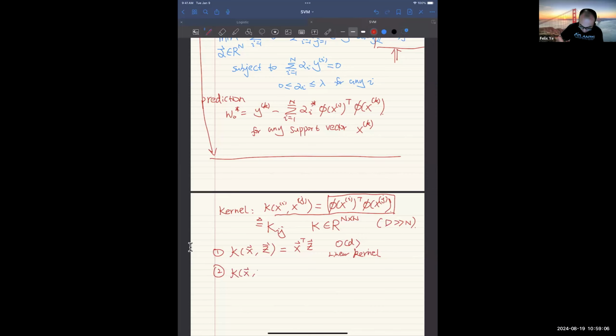Or you can define the polynomial kernel, (1 plus x transpose z) to the power k for any k bigger than 0.